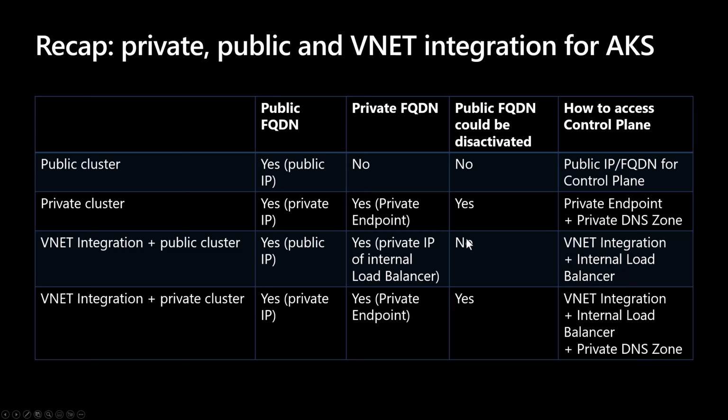Because it's not a private cluster, you cannot deactivate that public FQDN. You can do that only for private clusters. Now with VNet integration with a private cluster, you have a public FQDN that points to the private IP, and a private FQDN resolvable over the private endpoint and private DNS zone, and the public FQDN can be disabled.